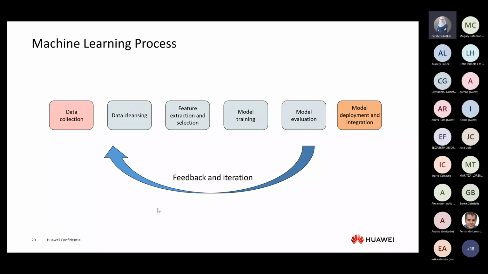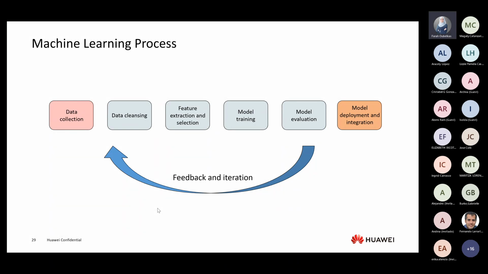Then we have the model training. I guess that's clear, we've seen this in the notebook. We compile the model and we train it. After that, we have the model evaluation, based on the test set that the model has never seen.